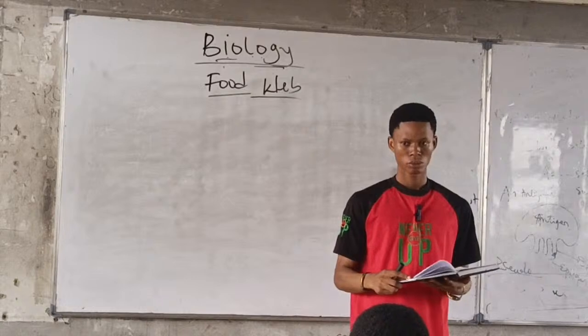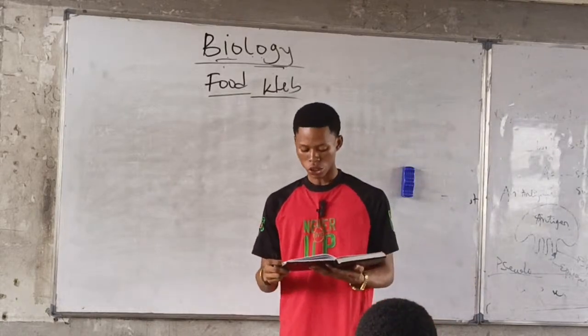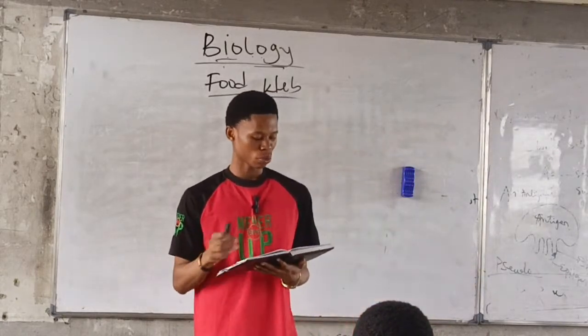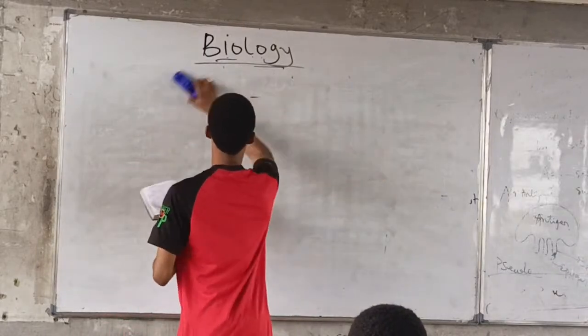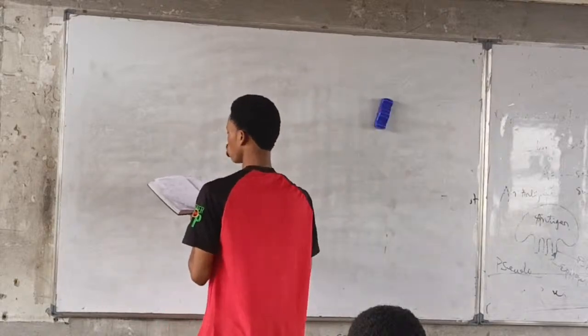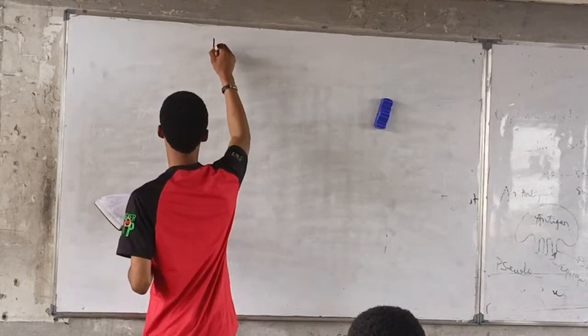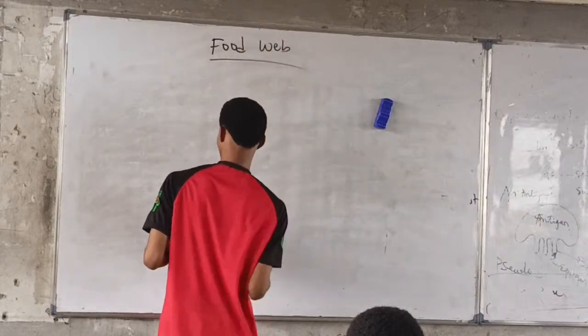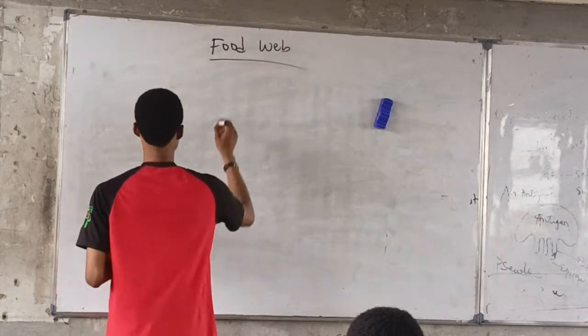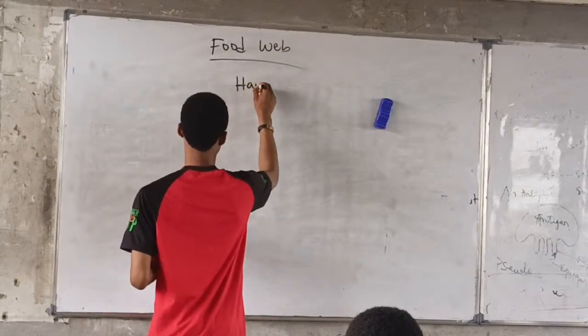Full stop. It is a complex feeding relationship between organisms. Then you draw this.